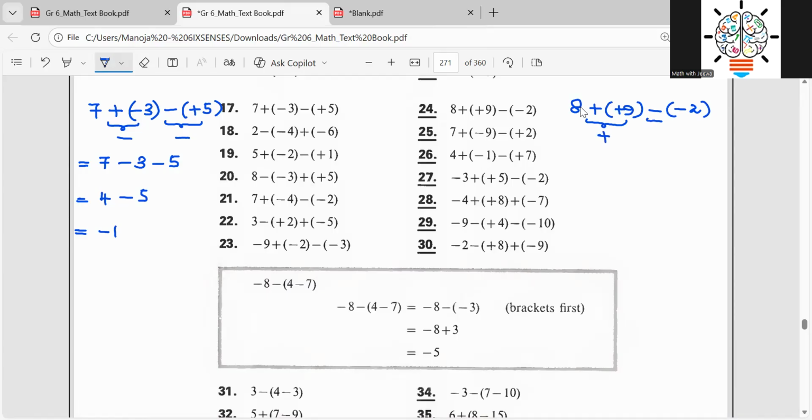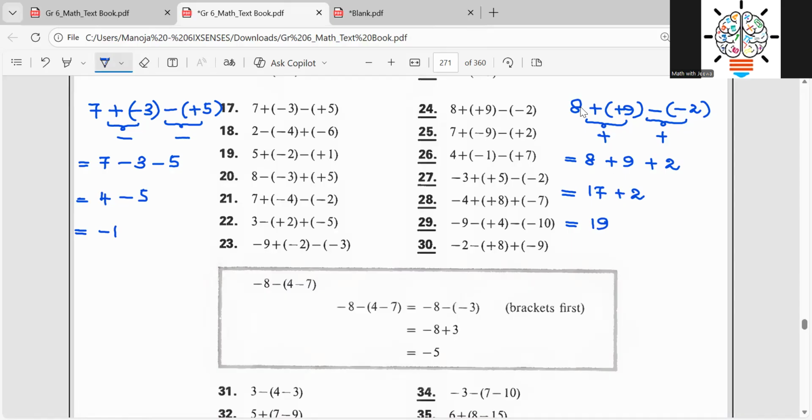Here you have negative and negative. You multiply the same signs, you get a positive answer. So how do you write this? 8 plus 9 plus 2. 8 plus 9, what is the answer? 17. 17 plus 2, what is the answer? 19.